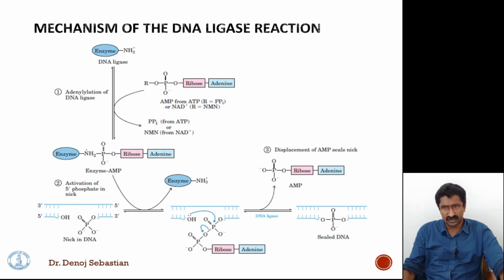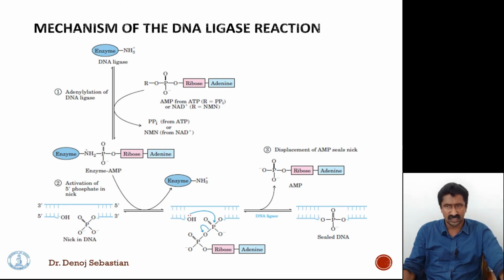Then this enzyme-AMP complex interacts at this region, where the nick has the 3' OH and the 5' phosphate of the subsequent Okazaki fragment. So these are the two Okazaki fragments with OH group and phosphate group. This phosphate is created by DNA polymerase 1, and this is the previous OH group that exists. These need to be joined together by the ligase enzyme.